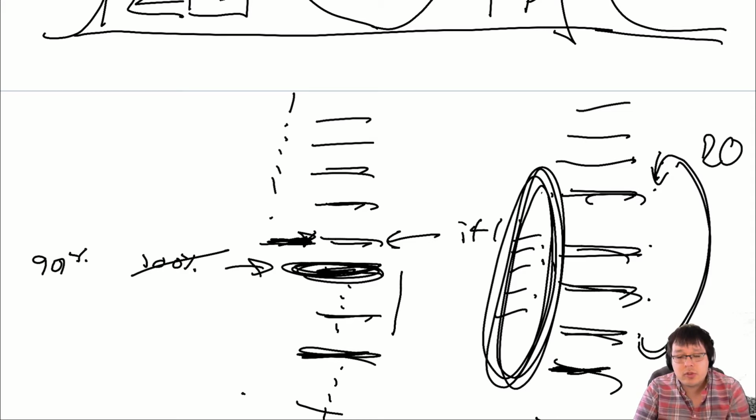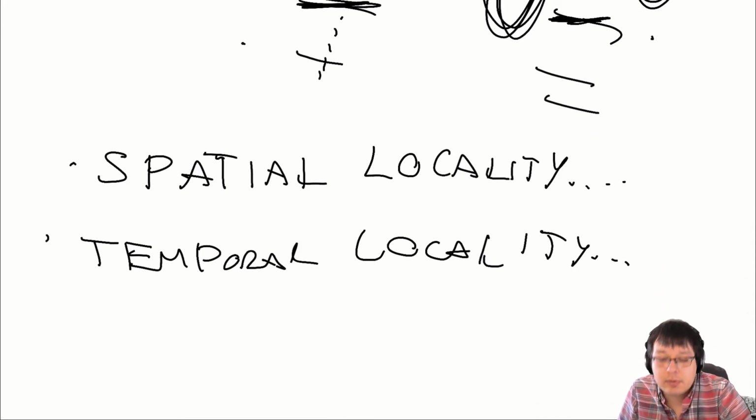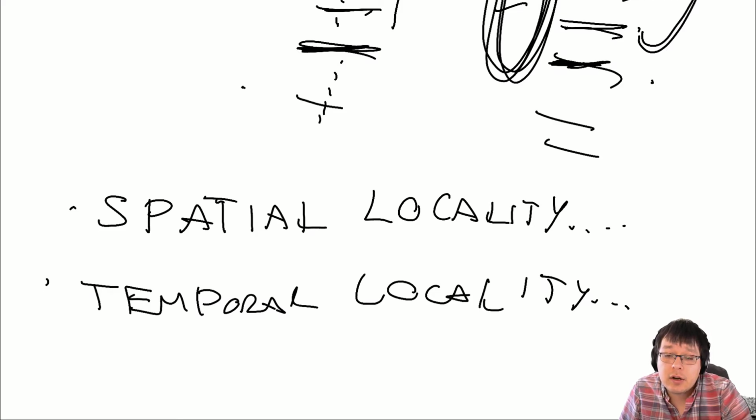So it might be useful to keep track of them. Okay? So ultimately, spatial and temporal localities are useful to predict what is going to come next in terms of instructions or data. And that's going to be very useful for us when we try to make things more efficient by having things ready to go.